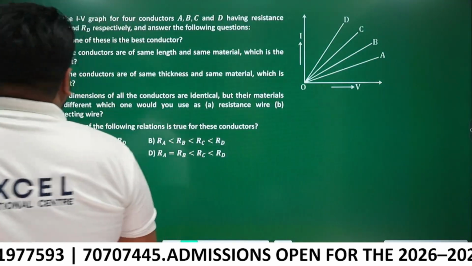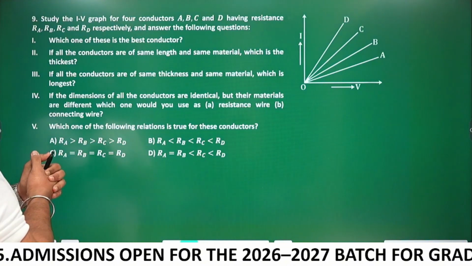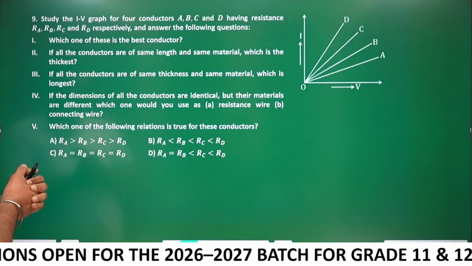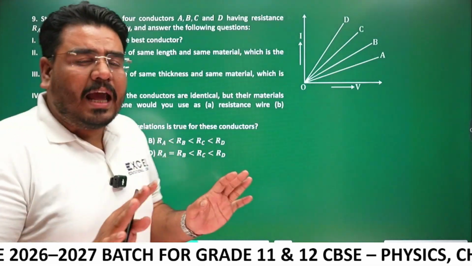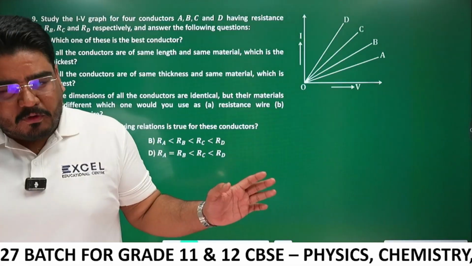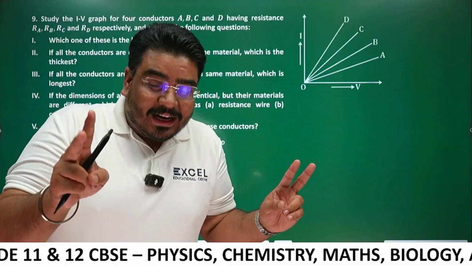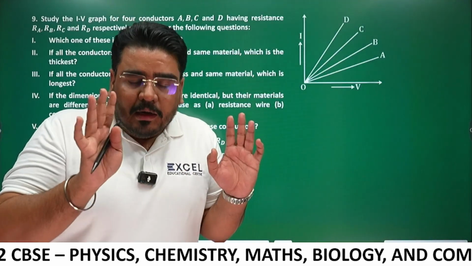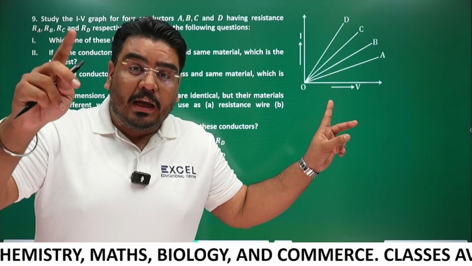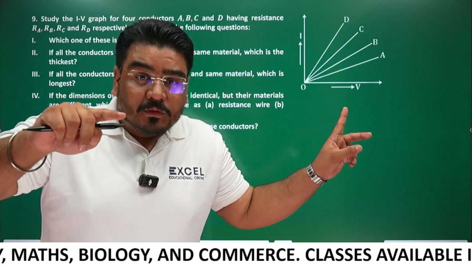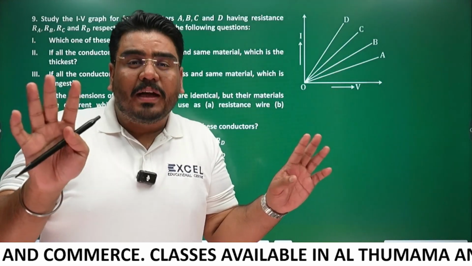Now, another interesting question. Study the IV graph for 4 conductors A, B, C, D having resistance RA, RB, RC, RD. Answer the following question. Always I tell my students, and I believe all of you must have heard this from your teachers, that whenever we have an IV graph, rather than digging into the slope and all: if it is IV, the slope will be 1 by R. When it is VI, the slope will be R. Don't be confused.